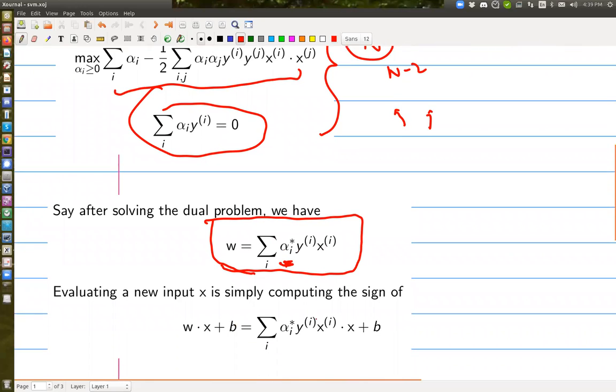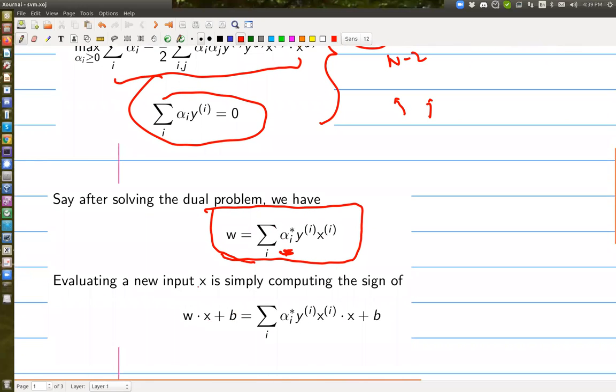Then what we need to do, when we have a new input x, is determine whether this is positive or negative. If it's positive, then it's a cat. If it's negative, then it's not a cat. W is here, then we substitute it here, right? So this is the real thing we need to determine whether it's a cat or not a cat.